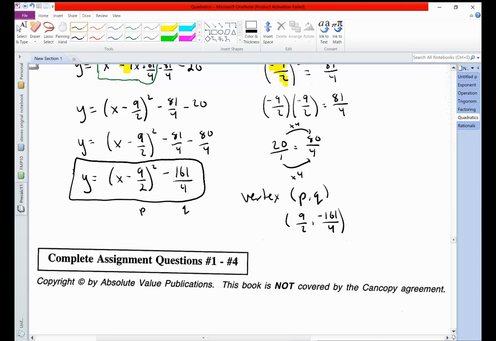And we know that the y value of our vertex is our minimum or maximum point. It's a minimum point because it's a positive equation, which means it's a parabola going upwards, which means we have a minimum point. So we can say we have a minimum point at negative 161 over 4.